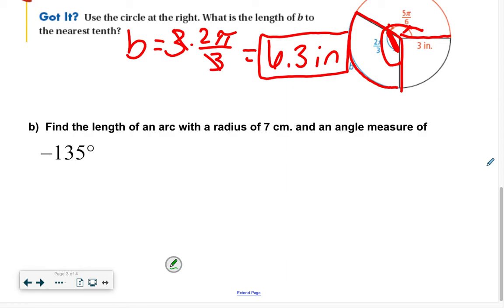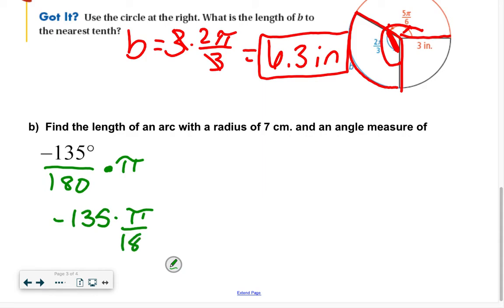Good. I have degrees. So what do I need to divide by? 180. What do I then need to times it by? My pi. Or if you like, times pi over 180, the exact same thing. I just like to write it that way. Either way works.